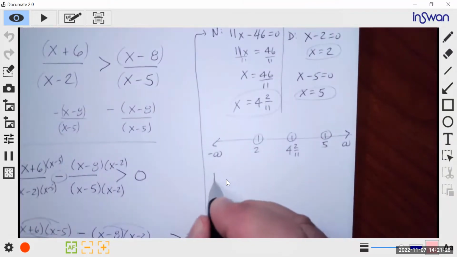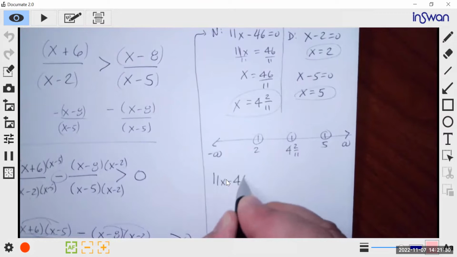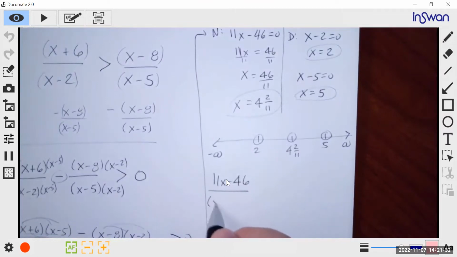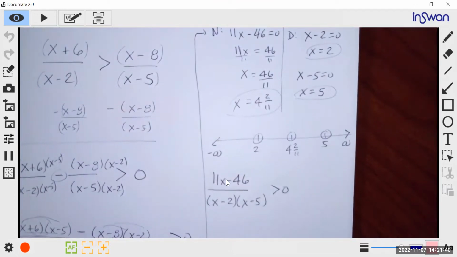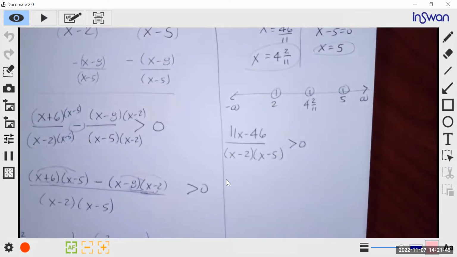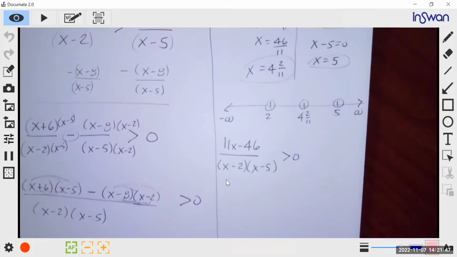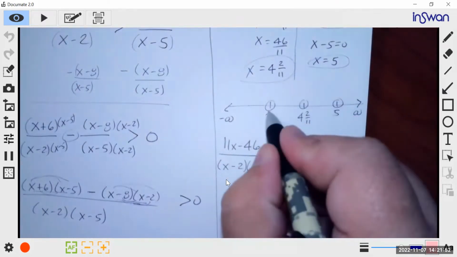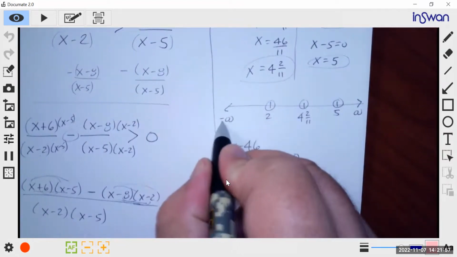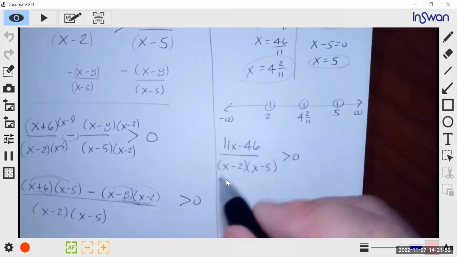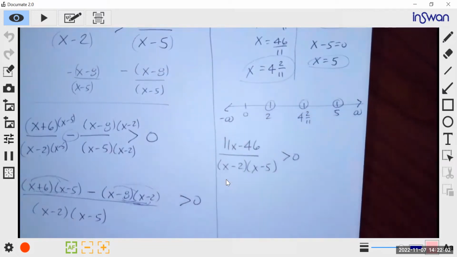Now we have to plug and play inside this equation. We only want positive answers. Remember, these are critical values. Between negative infinity and 2, what's the easiest number? 0.